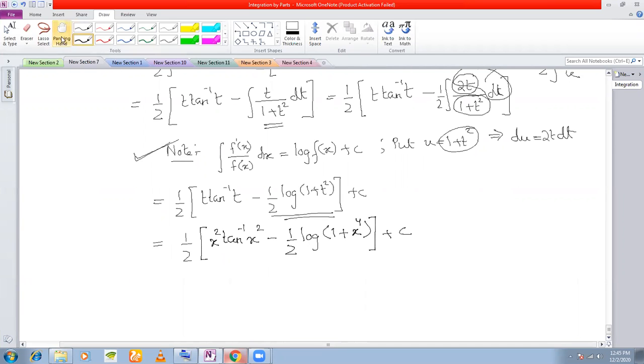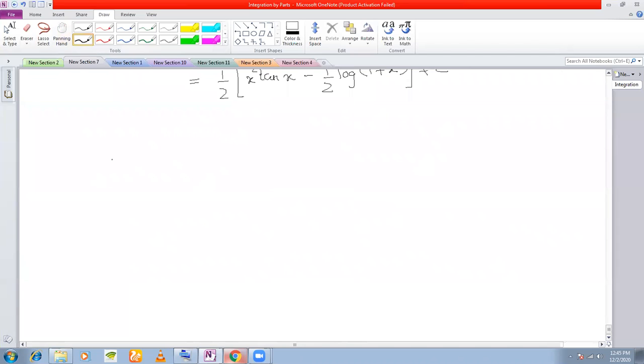So this was this. Let's see the next one. This one. Integral log of log x divided by x dx. How to do this?